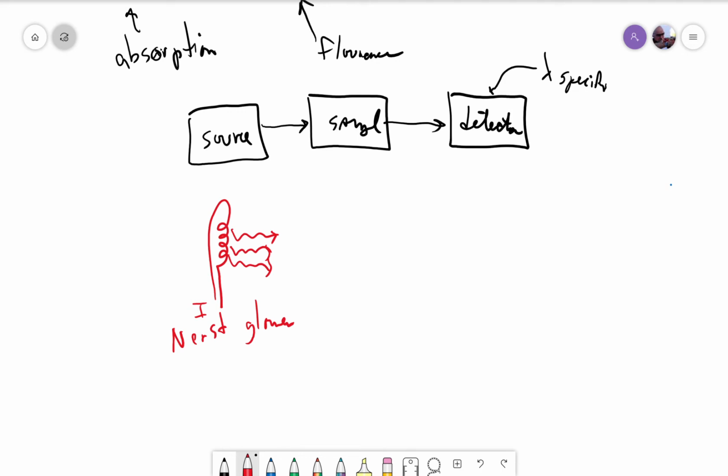The optics is really what gives us a problem in IR. Remember, the optical material has to be transparent in the wavelength region of interest. And glass, plastic, quartz, all of those things have bonds that absorb heavily in the IR region.